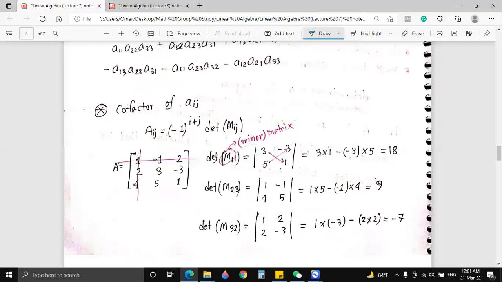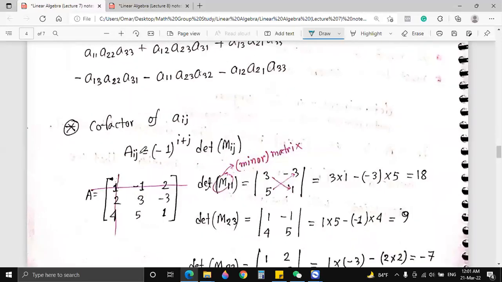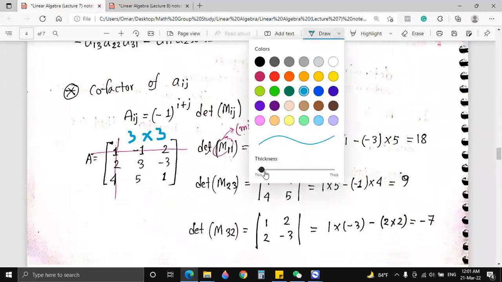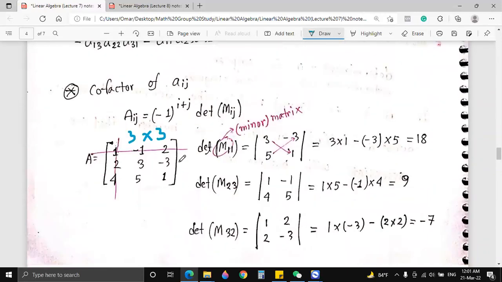So this is another 3 by 3 matrix. Firstly, let's calculate for the first row and the first column.